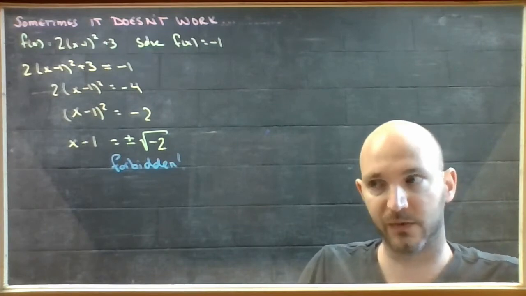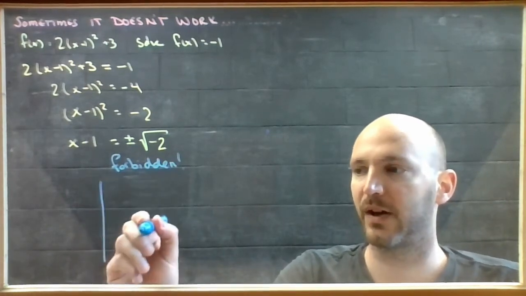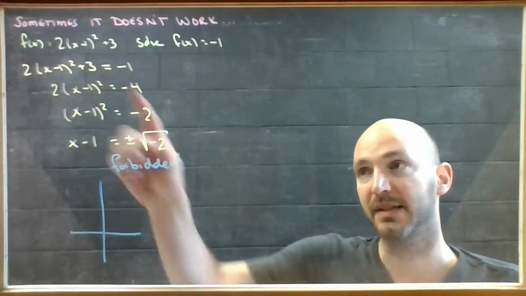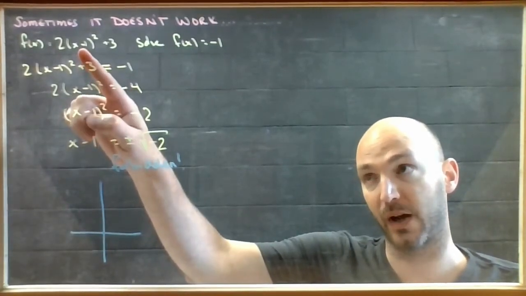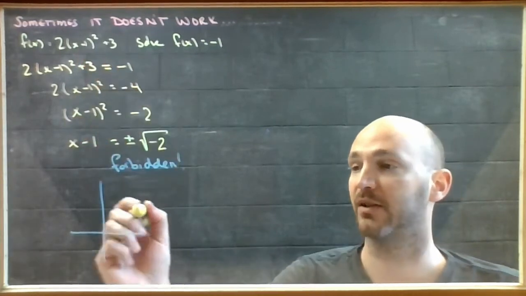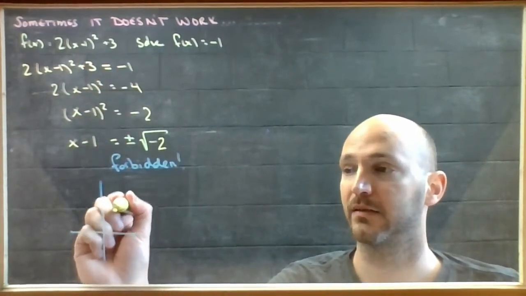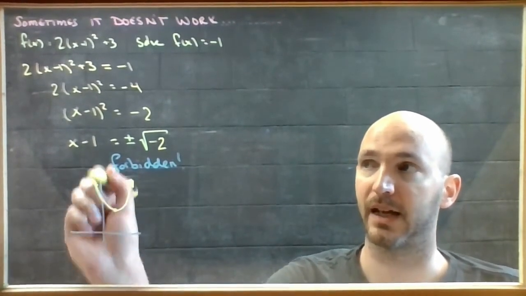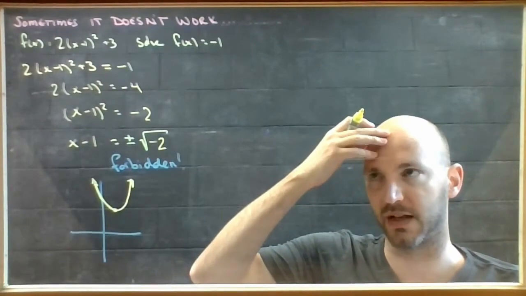And to sort of show you that, if I were to do a quick sketch of this thing, this is a parabola that has been shifted to the right 1 and up 3. So it looks like this, approximately. I mean, I'd need to transform it, but that doesn't really matter.